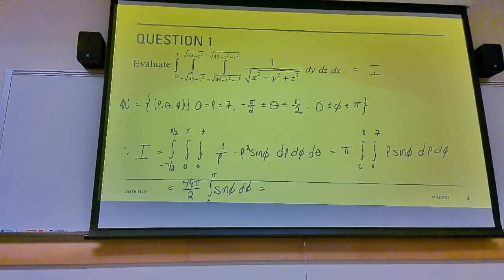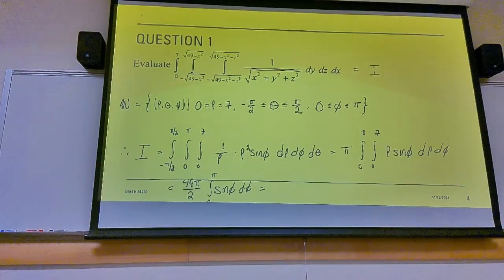Now, the integral from 0 to pi of sine of phi. Positive 49 pi.